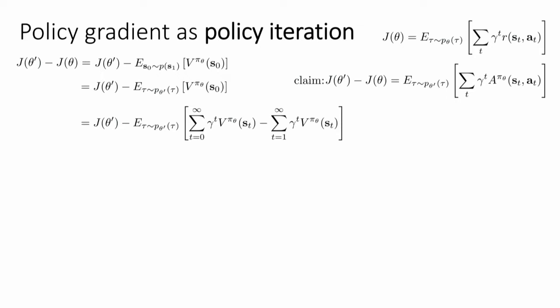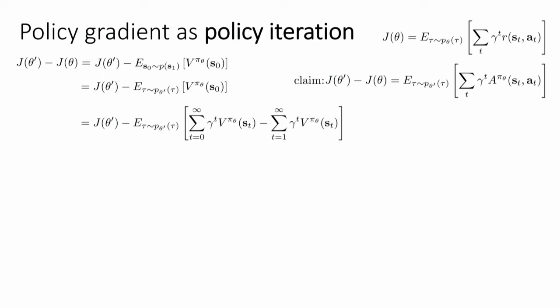And I will add and subtract that V at every single time step except for the very first one. So that's why I have one sum from t equals 0 to infinity, and then I'm subtracting everything from t equals 1 to infinity. If you subtract everything from 1 to infinity, the only thing you're left with is the thing at time step 0, which is what I had here before. So I'm allowed to do this because you can always add and subtract the same number, because that adds up to 0.